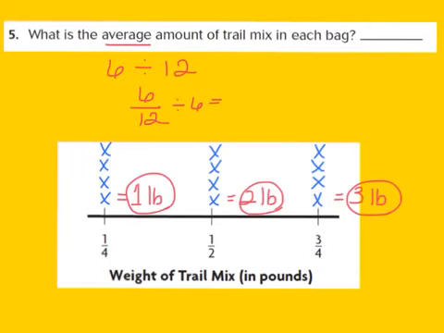So when I do that, I know that 6 divided by 6 is going to give me 1, so our numerator becomes a 1. And I know that 12 divided by 6 is going to give me a 2. So now what I know is the average amount of trail mix in each bag is 1/2 pound. So I'm going to go ahead and write down my 1/2 pound. And we now have the answer to our question. We know the average or the middle or mean of our data set.